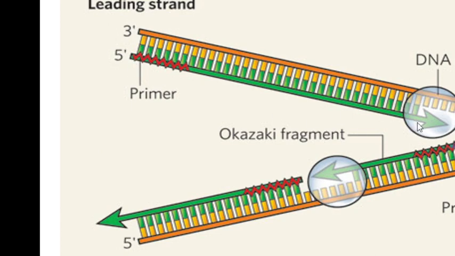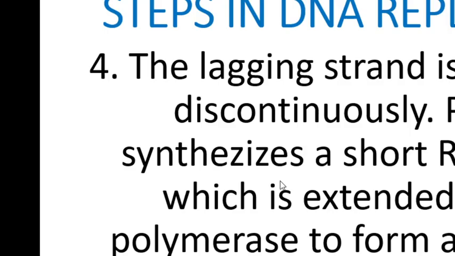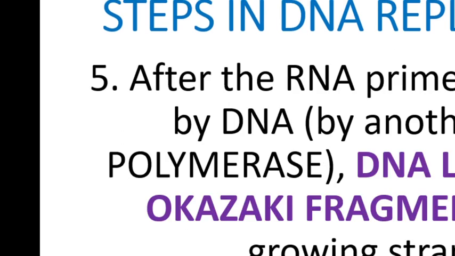Since this is the 5' end, the other is the 3'. So we will just use the anti-parallel theory. Okay? So we have also the leading strand and the lagging strand. The difference is the lagging strand contains many RNA primase, so in many sections, there is a lot of RNA and then extended by your DNA polymerase. Since you have many primers, it will produce fragments. Okay? So next, that is what I mentioned a while ago.